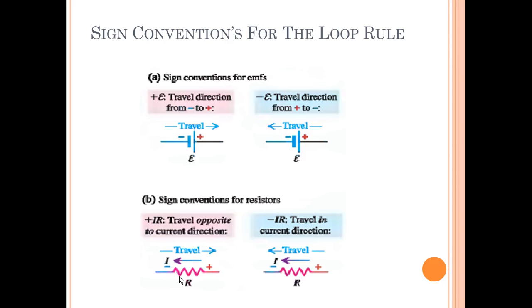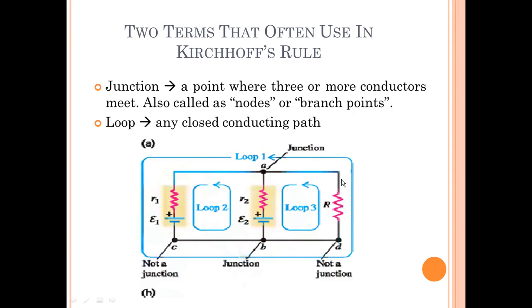So let's go back first to this diagram here. The statement of Kirchhoff's loop rule says that for any given loop, such as this loop number 2 here, when you consider all the voltage drops of all the circuit elements in the given loop, the algebraic sum of all those should sum up to 0. That's the statement of Kirchhoff's rule.